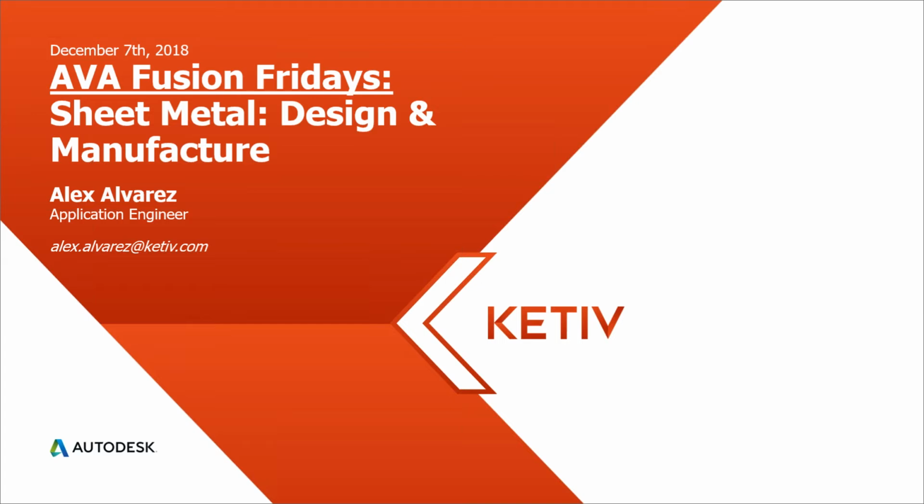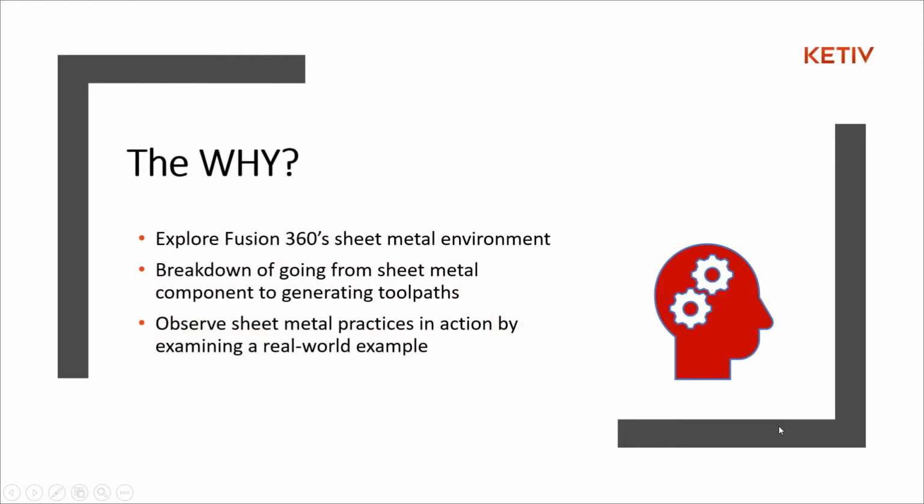We don't like to focus on just one specific topic. We really like to cover the entire spectrum from design and manufacturing, and really show you guys that workflow and what that looks like, right? So for today, the why is going to be exploring the sheet metal environment inside of Fusion, breaking down the workflow from the sheet metal design, sheet metal component, to actually generating some sort of tool path, right?